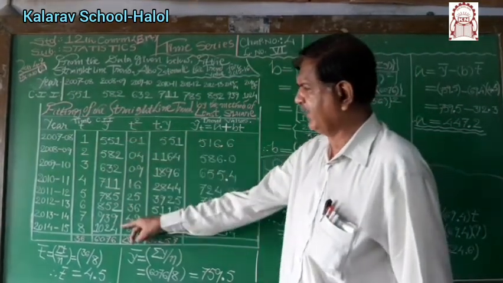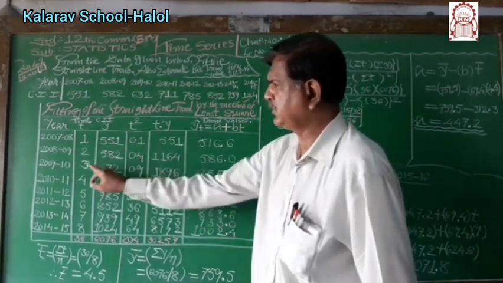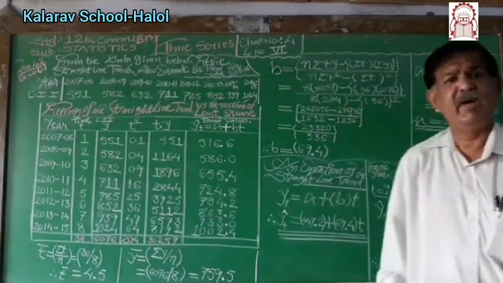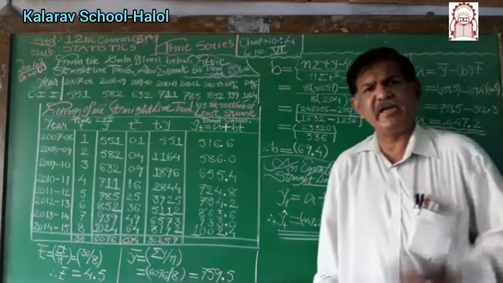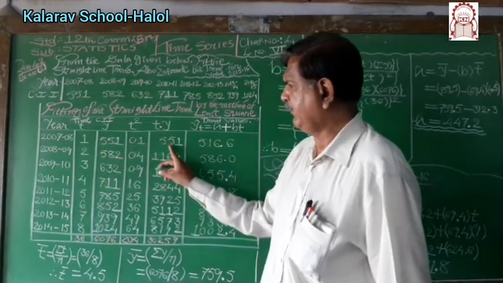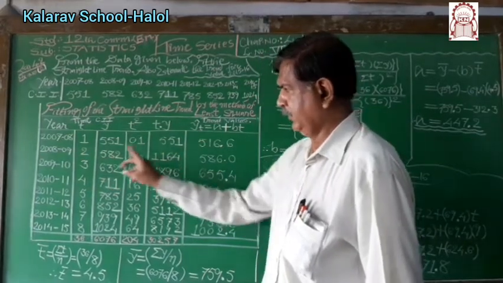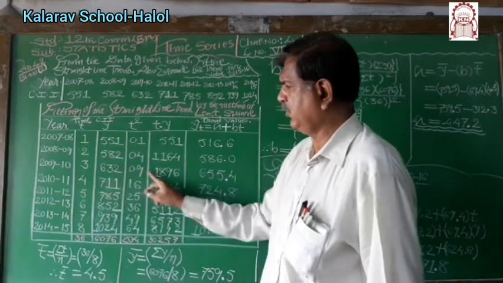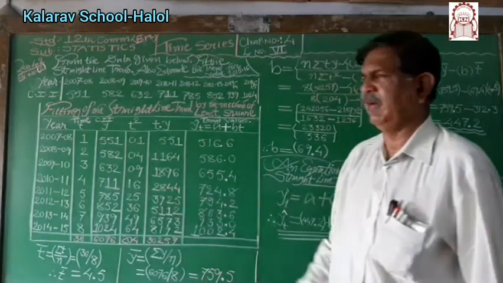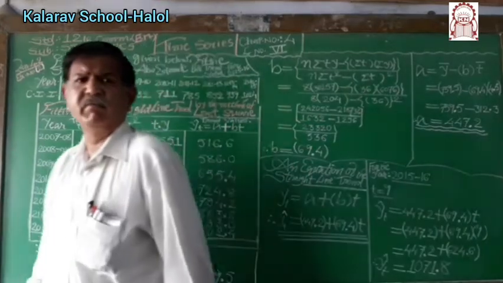Y data is given to us, then t square: square of 1 is 1, square of 2 is 4, square of 3 is 9, square of 4 is 16, etc. Then make the product of y and t, means ty. 1 multiplied by 551 becomes 551. 2 multiplied by 582 is 1164. 3 multiplied by 632 is 1896. 4 multiplied by 711 is 2844, etc.